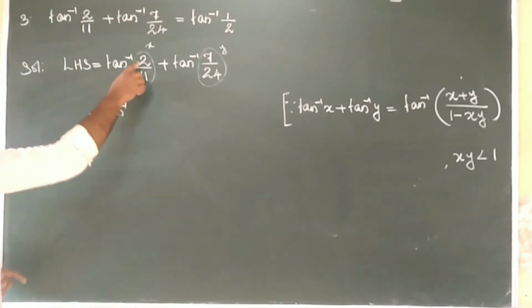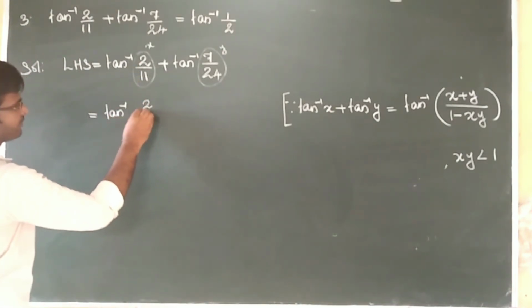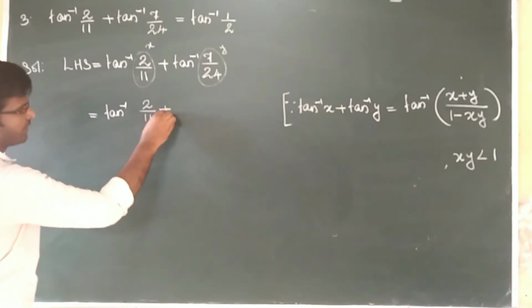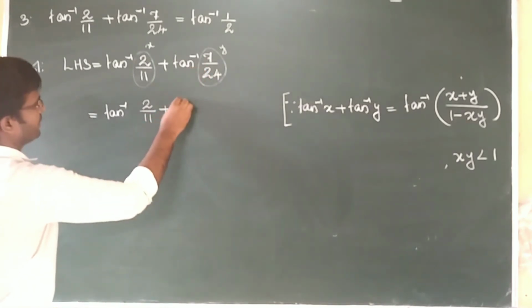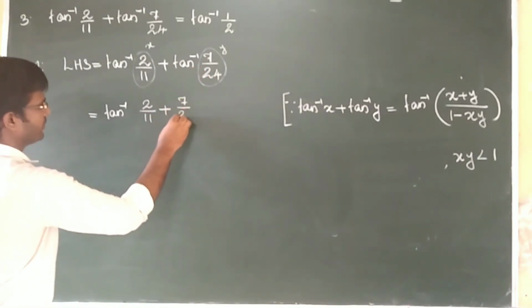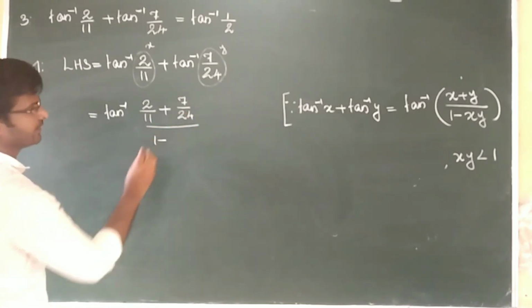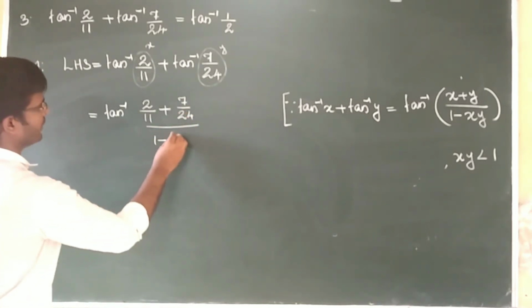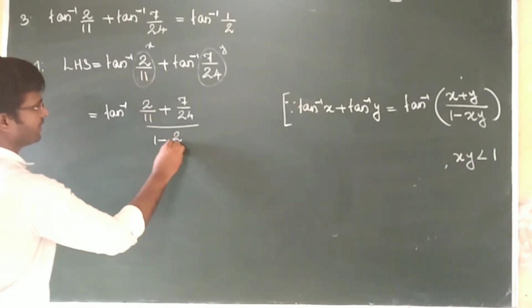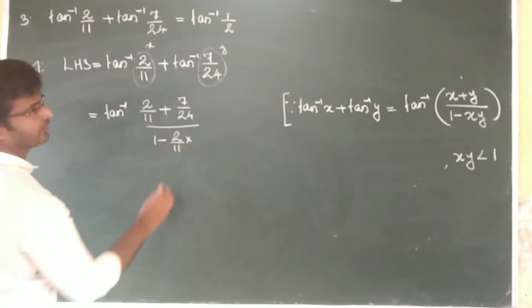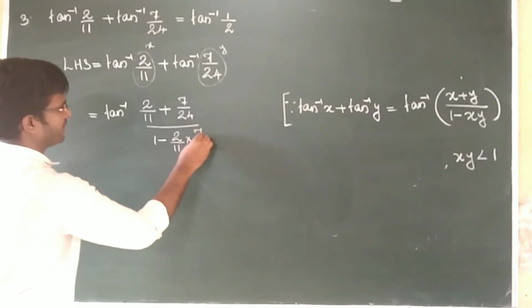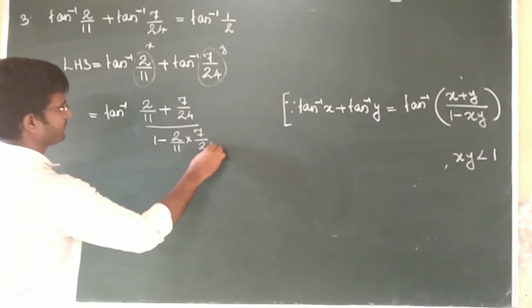What is x? X means 2 divided by 11, plus y. Y means 7 divided by 24, all divided by 1 minus x into y. X into y means 2 by 11 into 7 by 24.